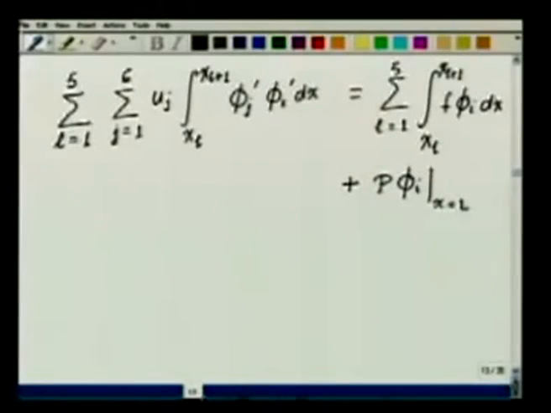So now what do we have? This integral we have broken into these partitions over these elements.